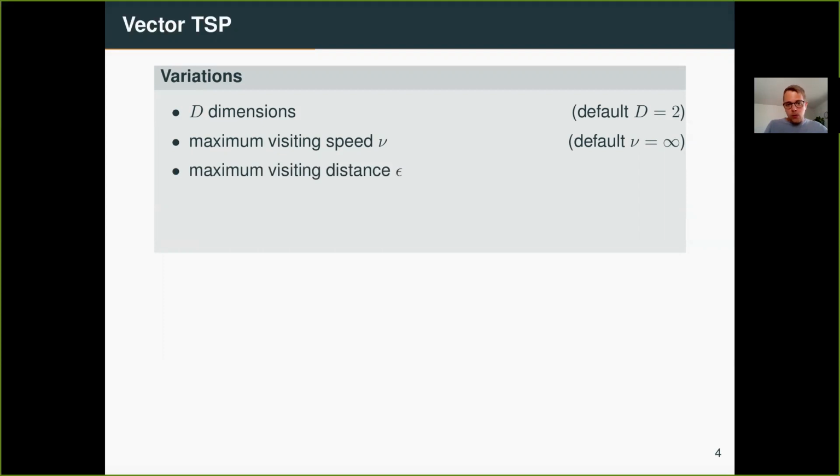You can also consider a maximum visiting distance. This is very similar to the TSP with neighborhood. So instead of just visiting the exact location of the city, you might want to consider a radius around the city, and if you visit inside the radius, you consider the city to be visited. By default, we do not consider this. And you might also consider a parameter which is a bit special, called the vector completion parameter.